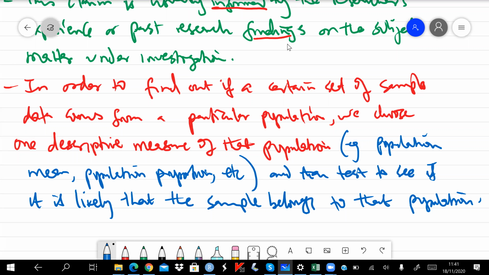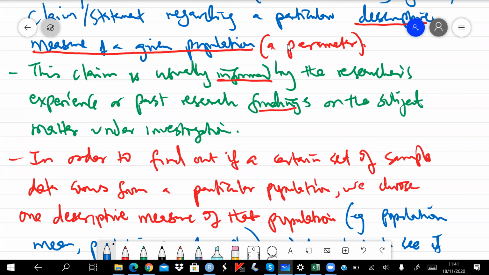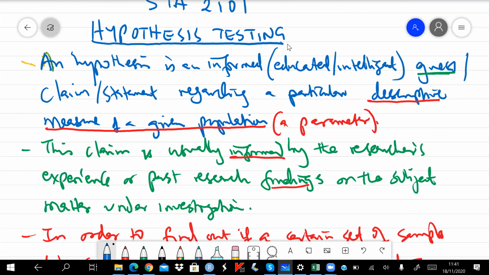So the population we are talking about is the one that we have hypothesized about.